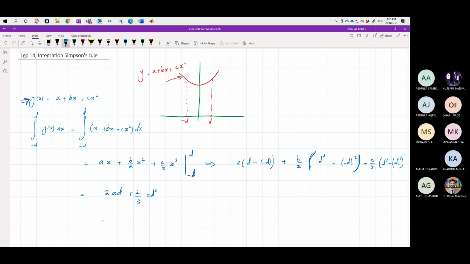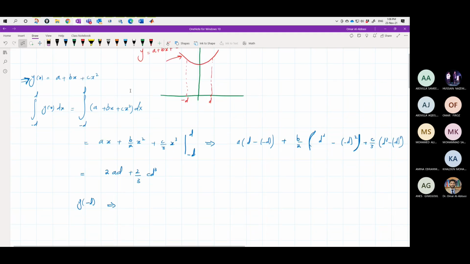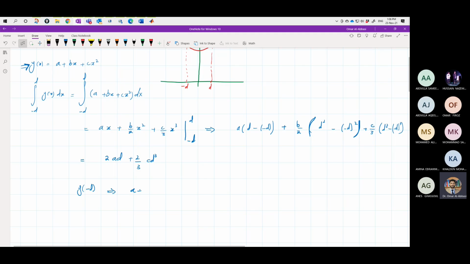Okay, so let me right now evaluate this function one time at minus d. I will just substitute minus d for x. So this becomes a minus bd plus cd squared, all right? And then evaluate it at 0, at the midpoint over there.